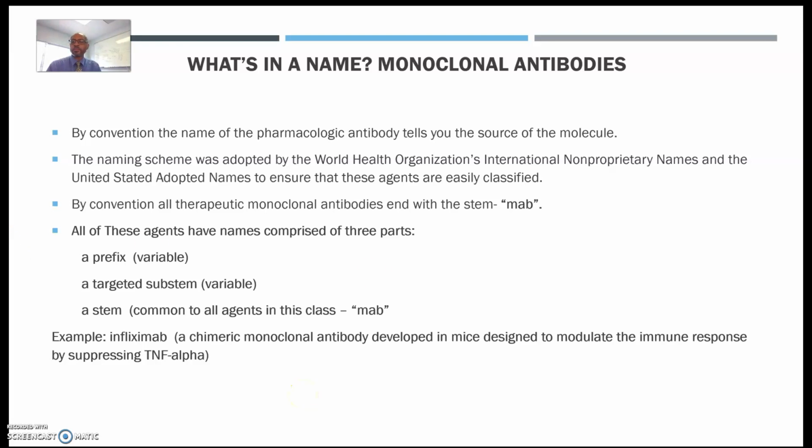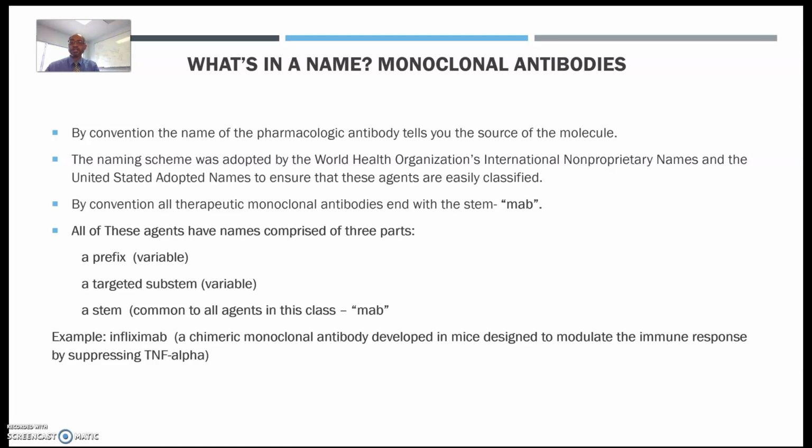But as we move forward into the readings, we'll discuss why this three-part nomenclature system is important, because when we talked about the prefix being variable, a targeted substem being variable, and a common stem, this will allow us a lot of flexibility in determining the origin and the target of these agents.